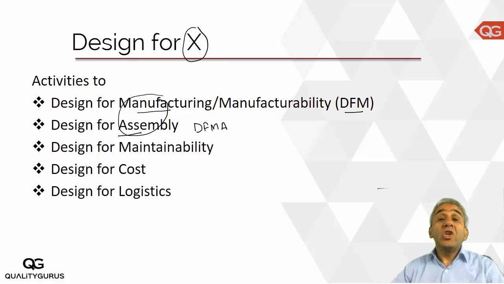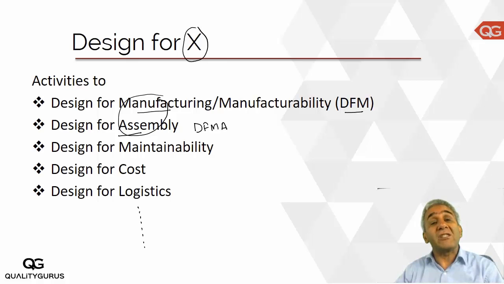And then you could be looking at design for maintainability, design for cost, design for logistics, and a number of other factors, a number of other characteristics. So before you start design, you need to decide what characteristics you are focusing on. Your main emphasis is on assembly.